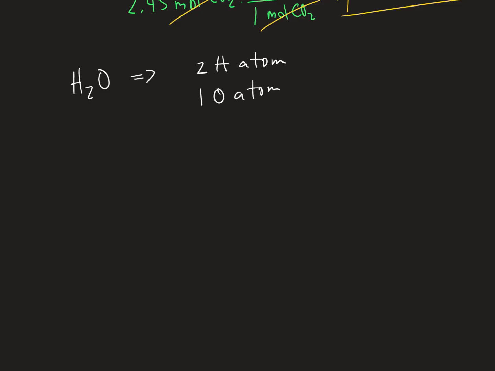We can. We just bypass the particles and go straight to moles. So we can say 2 moles of hydrogen for every 1 mole of oxygen in water. You have to have water for it to be that, but okay.